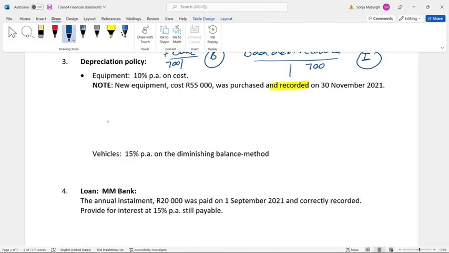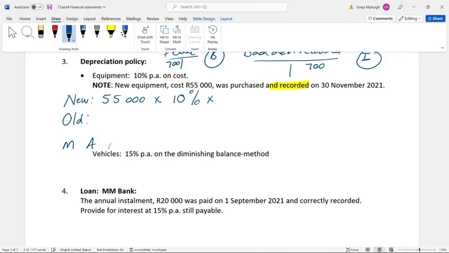Now for the new one, always when you bought new assets, always show your calculation as 2. The new one we bought for 55,000. We write off 10% per annum, but we did not have that for a whole year. Our year starts on the 1st of March.